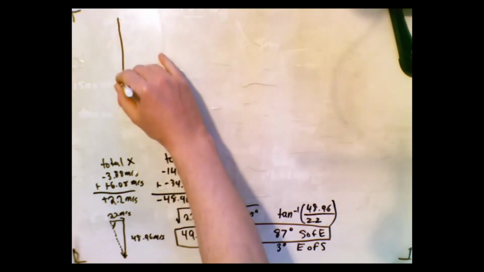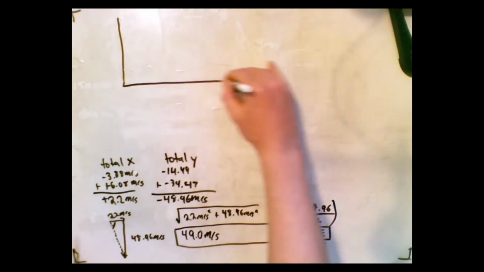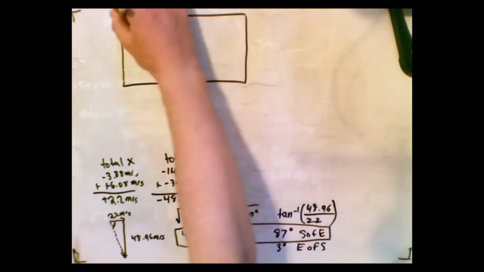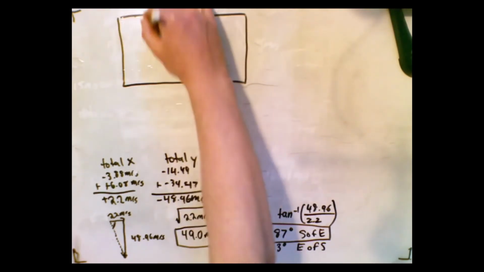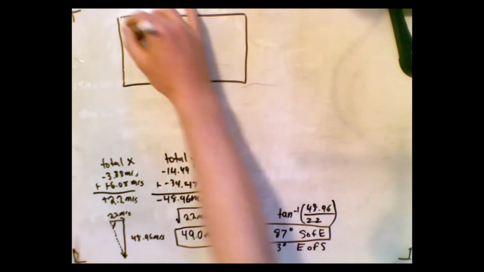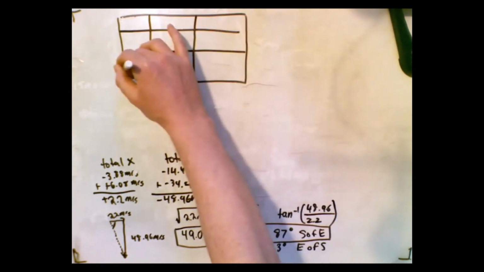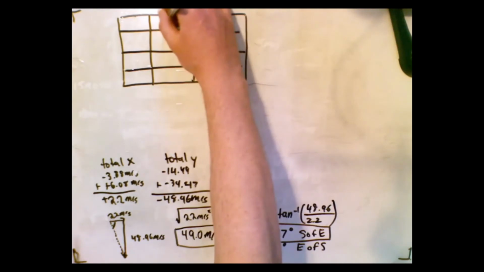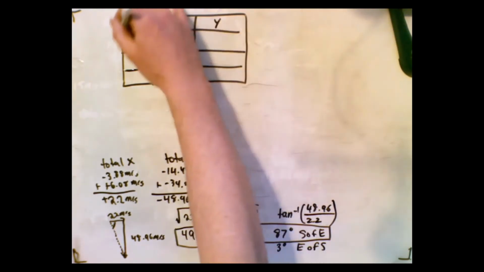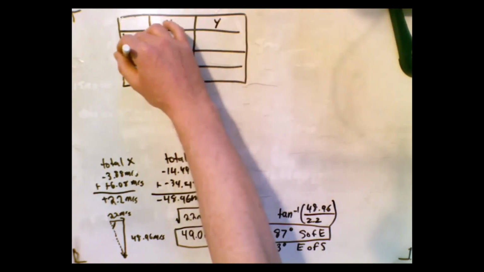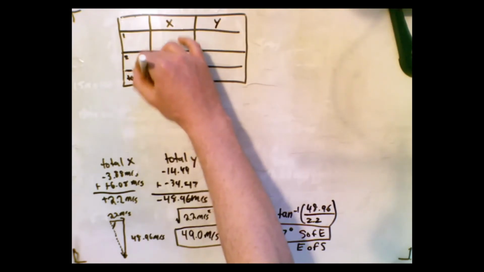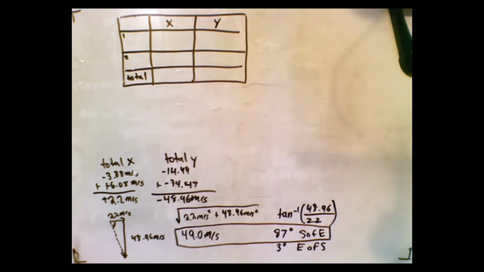So for this question, we're going to build a little chart here. So this is X, and this is Y, and this is vector 1, vector 2, and this is our total. So to keep things organized, we do a nice little chart like this.